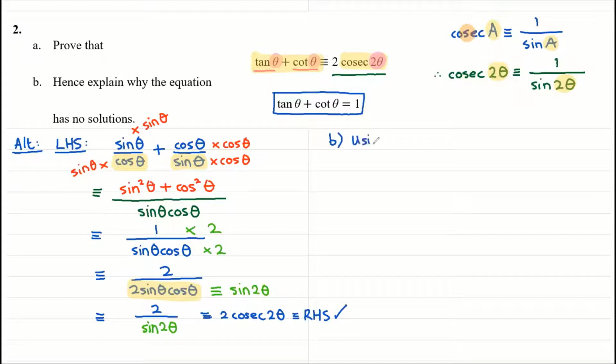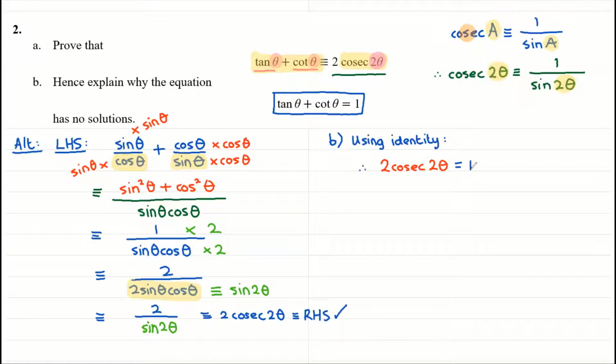we can write down something else. We can actually state, well, if you have tan theta plus cot theta is equal to 1, then that's exactly the same as saying 2 cosec 2 theta is equal to 1.